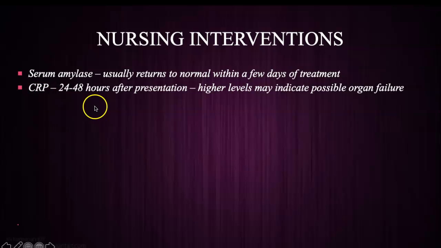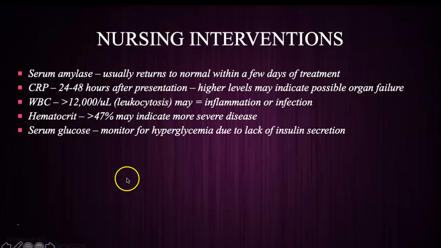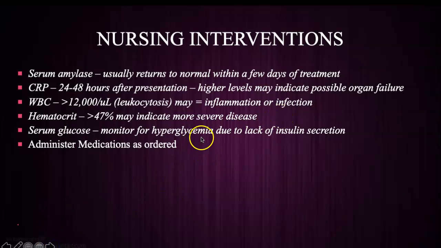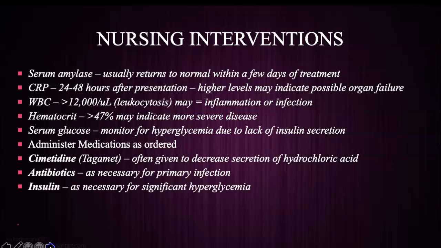C-reactive protein basically is a sign that indicates organ failure and inflammation, and so they are elevated. WBC and hematocrit again indicate infection. Glucose is elevated because of the lack of insulin, so the patient must take insulin to control blood sugar.